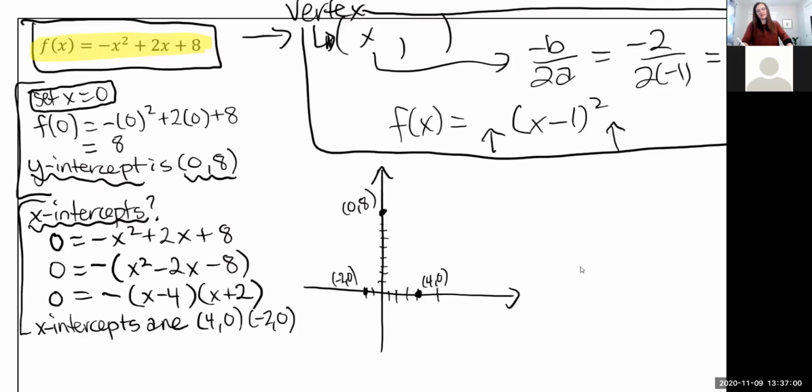Because the (0, 8) is not quite in the center, I'm assuming that my max will be somewhere here. I'm starting to see that because of the 3 points that I have. And also because I know it starts with a negative, so I know it's downwards facing. That's another thing you could have said. It's downwards facing, and that also implies it has a maximum.